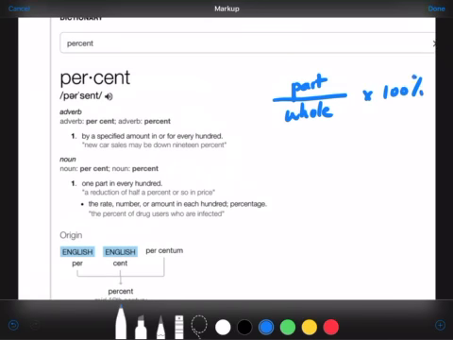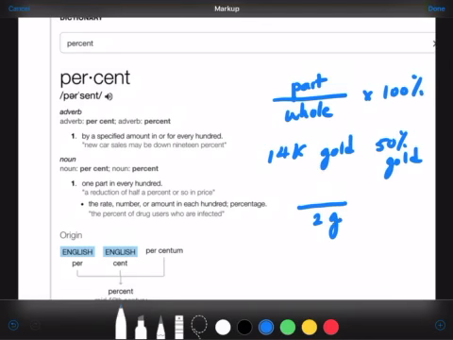Okay, so say we have, in actuality, we know that 14 karat gold is 50% gold, an alloy. What that means is, if I have a 2 gram 14 karat jewelry, let's just say that's a ring, in there I would have 1 gram of the element gold.